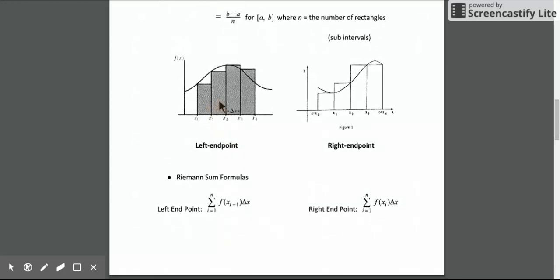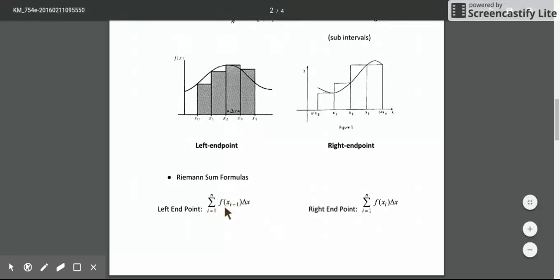If I number my rectangles 1, 2, 3, and 4, then their x values down here, this interval, I can notate by using x sub 0, x sub 1, x sub 2, x sub 3, x sub 4. And so all this is saying is if i represents what rectangle I'm talking about, so for example, the first rectangle, I plug in 1 into the i, and then I have x sub 1 minus 1, which is x sub 0.